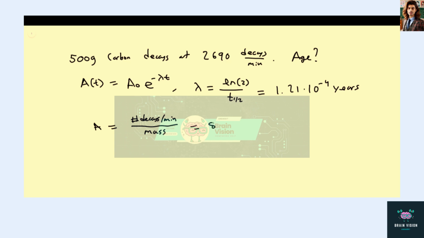And this works out to be 89.7 becquerels per kilogram.